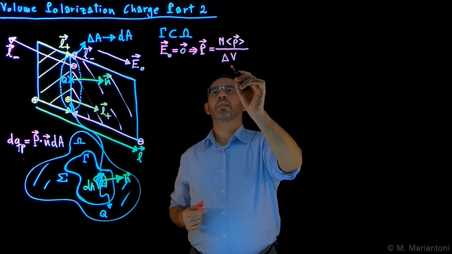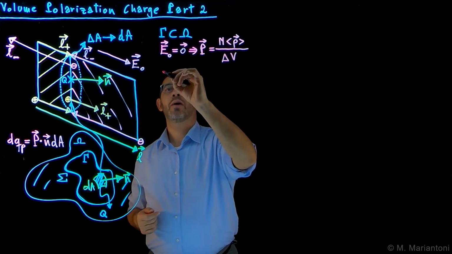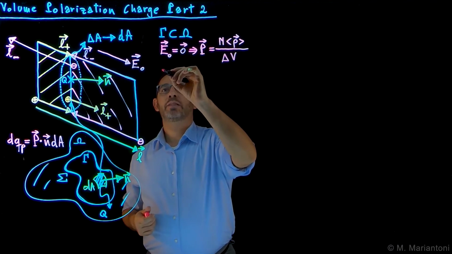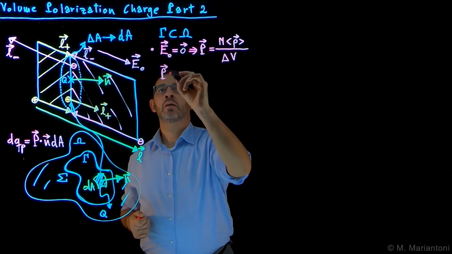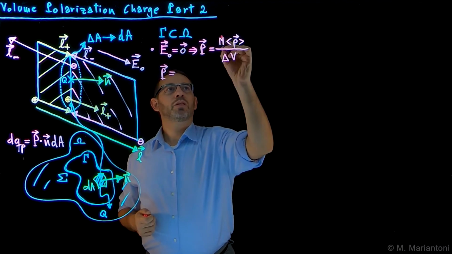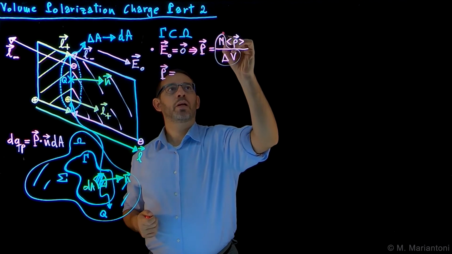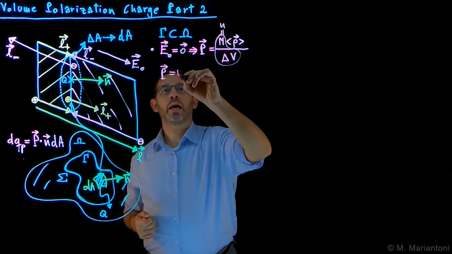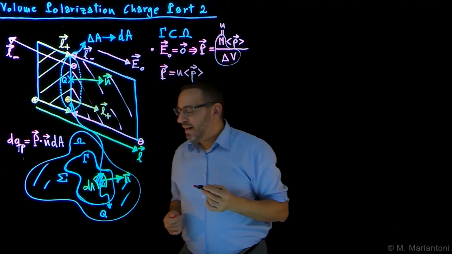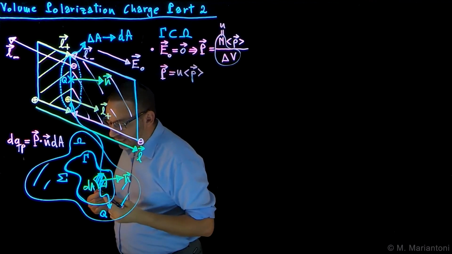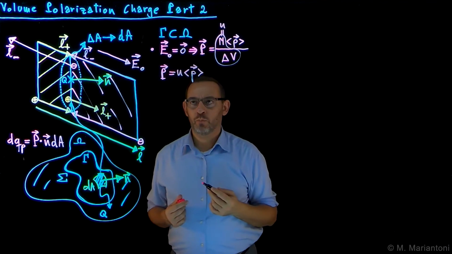So this N over delta V eventually allows us to rewrite this P vector, in this first case, as this quantity here, which we call the density of molecules, small n, times the mean value of P.